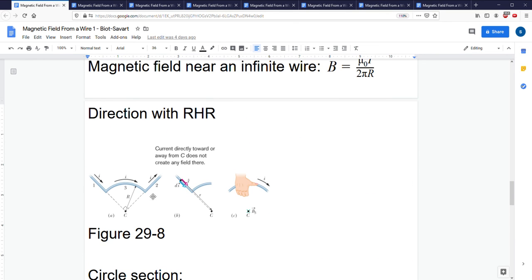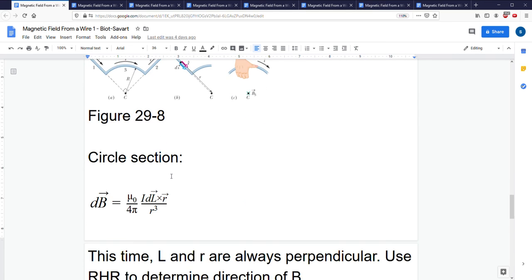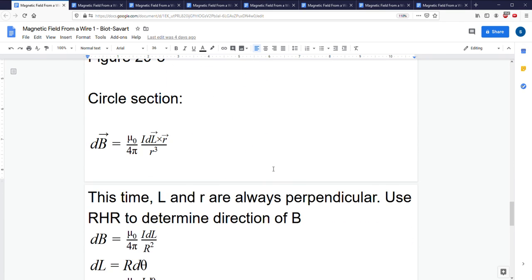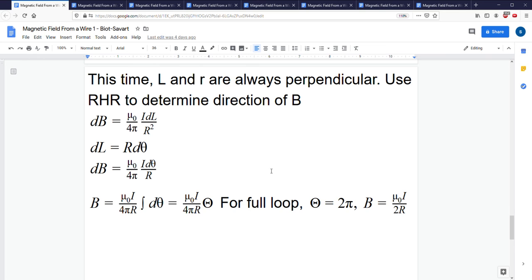In this example right here, if this is a right angle, theta would be 90 degrees, but that always needs to be in radians, so theta is pi over 2 radians. Also keep in mind that you can have multiple loops. If a wire wraps in multiple loops, theta can be bigger than 2 pi.